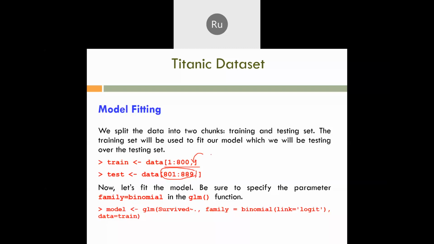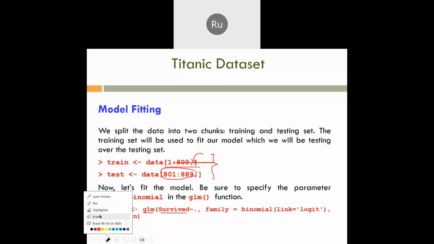Okay. So once we split the data, then we could use the logistic modeling (GLM). Okay, so we want to model the survive column based on all the columns that we have in the data.